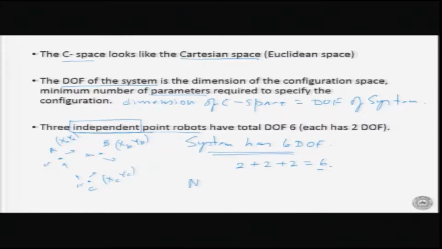They are not subjected to any constraint on the motion between the robots, which means that we simply add the degrees of freedom of each of the robots and we get 6, and 6 is the total degree of freedom of the system. Something to note here again, there are no constraints between the motion, that means they are not connected in any way.